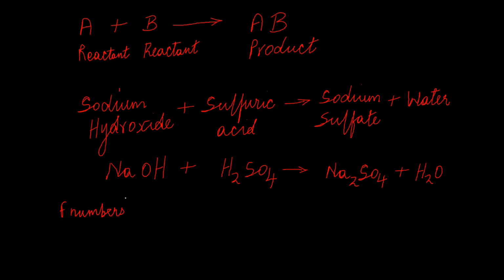Sodium, how many times does it appear in this equation? 1, 2. Not number of atoms, but how many times it appears. So the F number of sodium is 2. Other element is oxygen. How many times does it appear? 1, 2, 3, 4 times. So oxygen is 4.